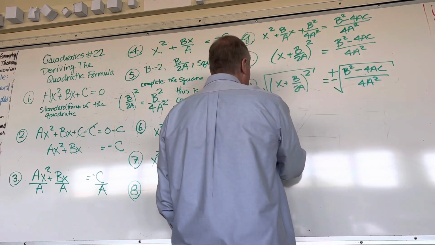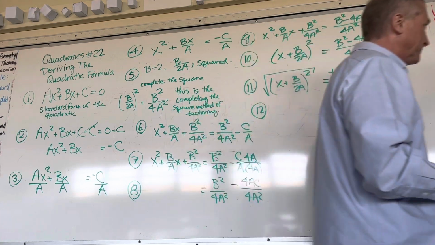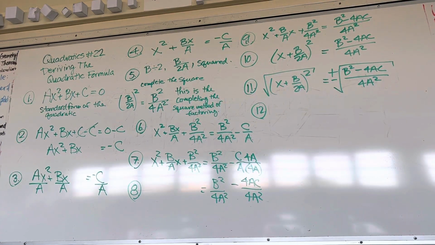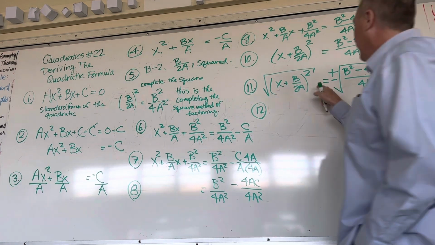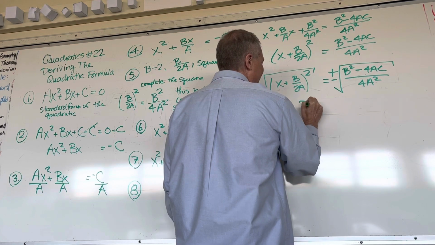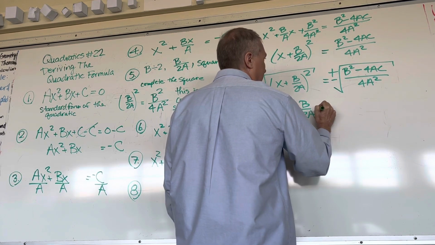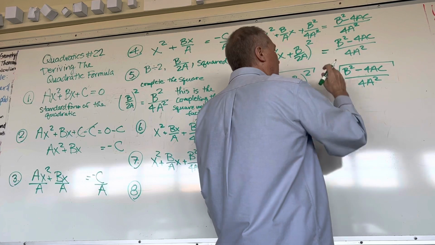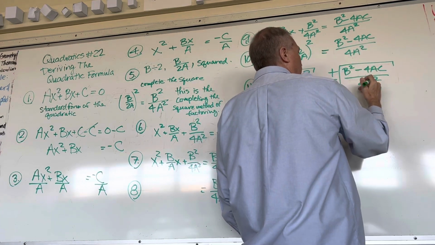Okay, now we're up to step 12. Step 12 clears out the left side. So the square root of a square right here leaves you with just x plus b over 2a. And now we're going to take the square root of the top and the square root of the bottom.